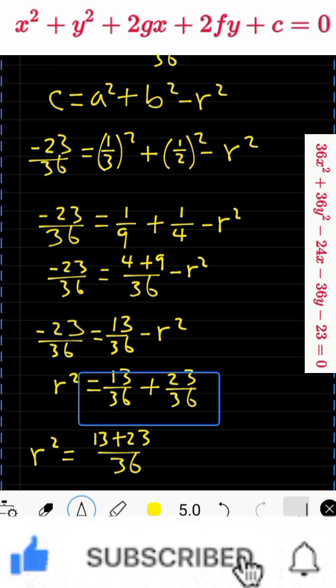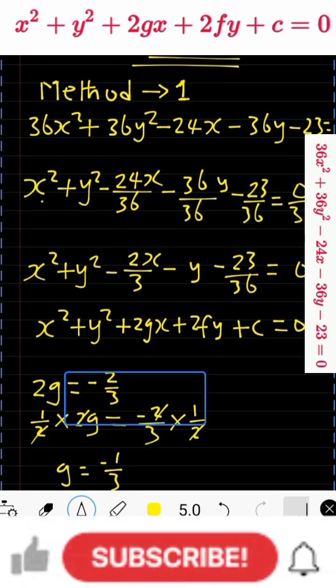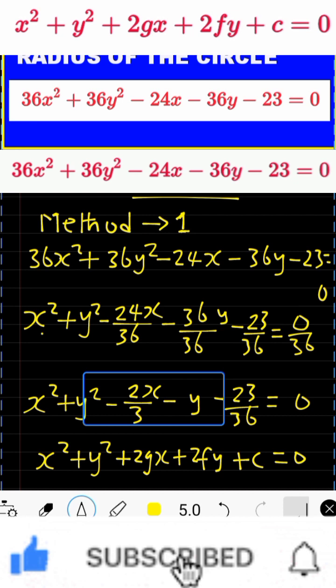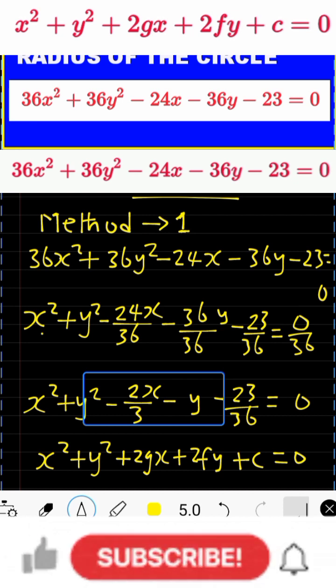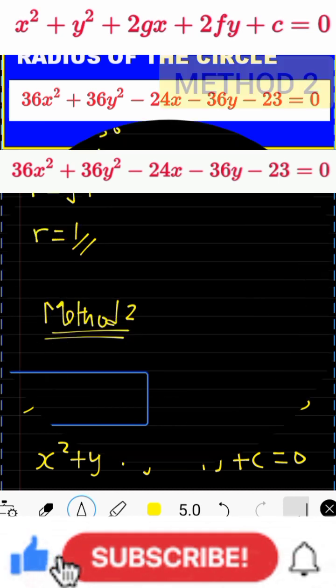We are going to use the second method to solve this same equation and see what we are going to get. The equation still remains 36x squared plus 36y squared minus 24x minus 36y minus 23 is equal to 0. So we are going to use the second method, but don't forget that we still have to reduce it by dividing through by 36.